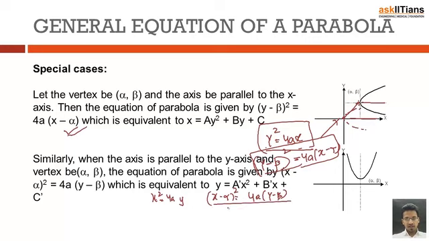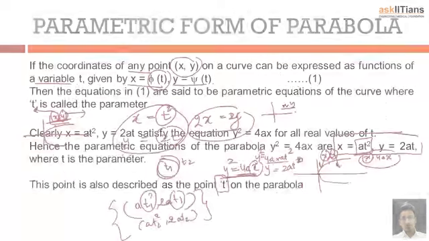So you can generalize x squared equals 4ay, where x is small x, find all the terms in this form, and then substitute x minus alpha and y minus beta. So this one is again very easy.